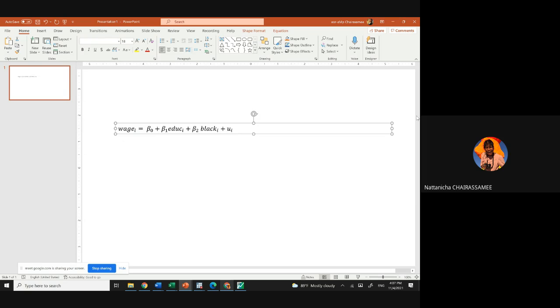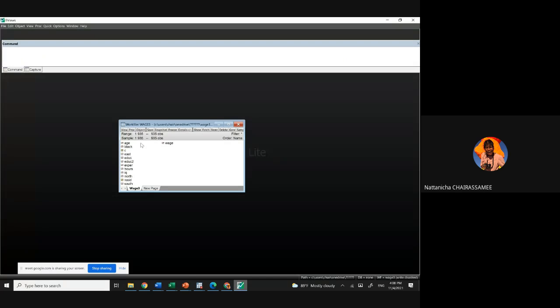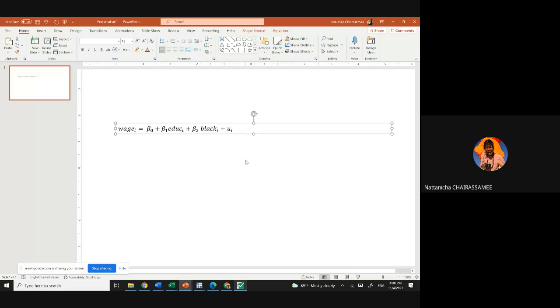After you finish downloading the data set and importing it into your EViews, please run this regression. Your dependent variable here will be wage in dollar units. And then your independent variables will be education. Please be careful. I remember there are two education variables, so we are going to use just education without the two, okay? And then another variable here will be black.